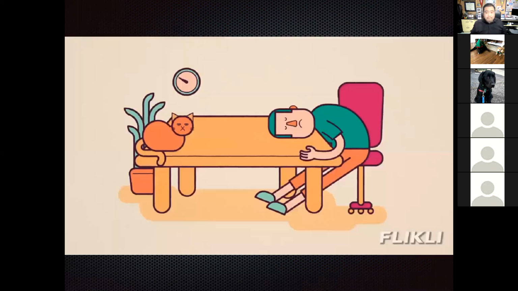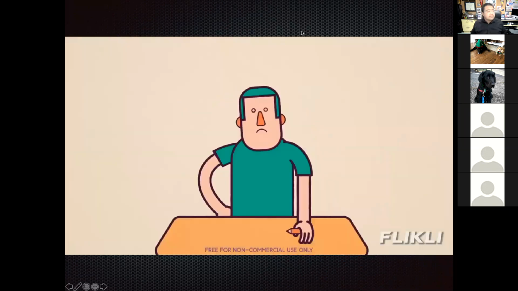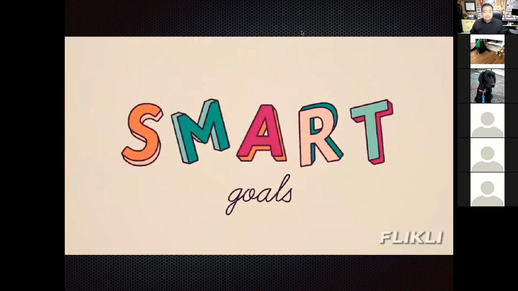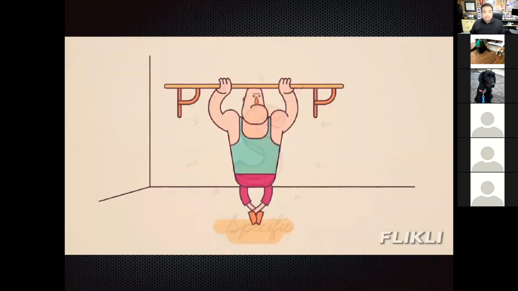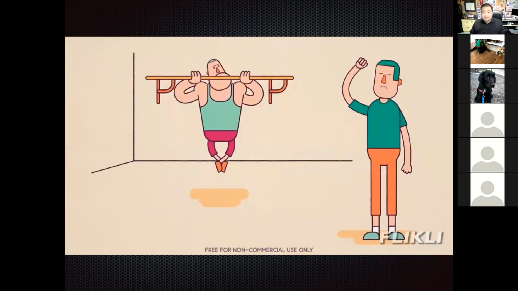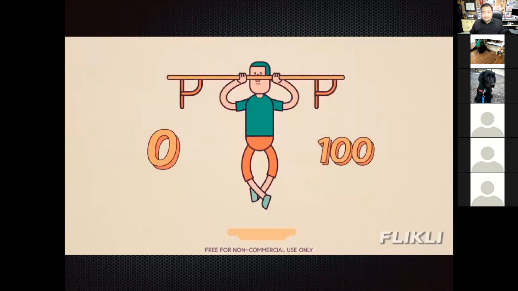Goal setting is a powerful tool in increasing productivity. In fact, setting goals can increase your productivity by 11 to 25%. But actually setting and working towards goals can be challenging. So let's get smart about goals. S, specific. Ask yourself what you want to accomplish. And most importantly, why? M, make it measurable. Are you able to tell when you've reached your goal?